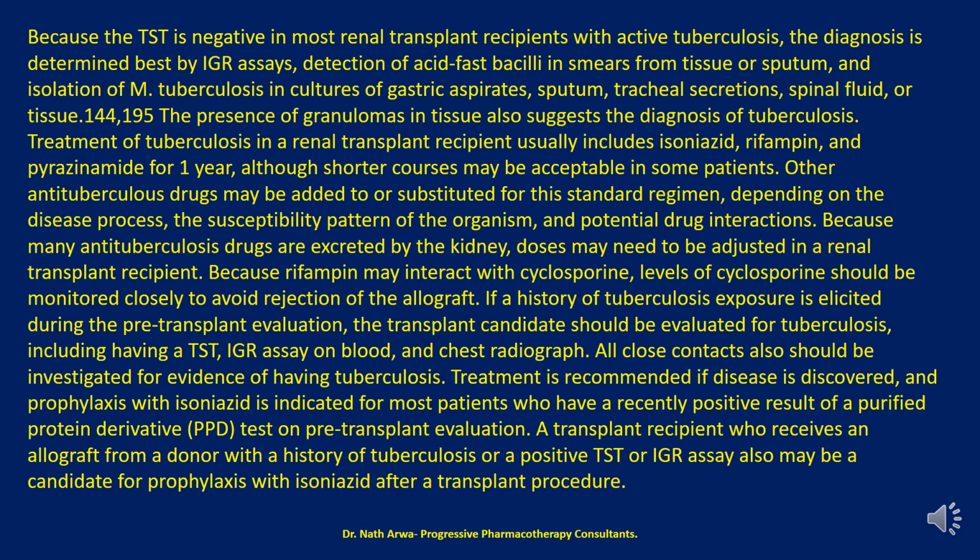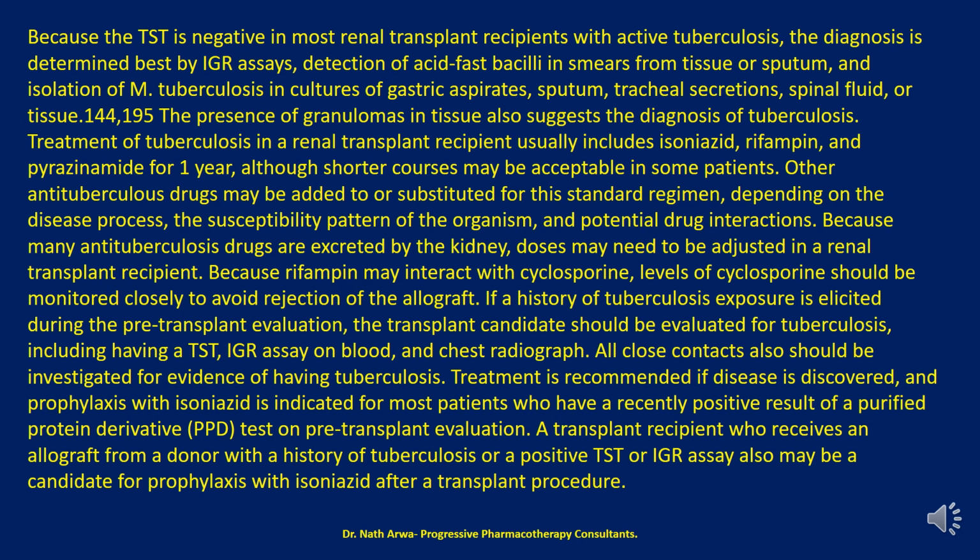If a history of tuberculosis exposure is elicited during the pre-transplant evaluation, the transplant candidate should be evaluated for tuberculosis, including having a TST, IGRA assay on blood and chest radiograph. All close contacts also should be investigated for evidence of having tuberculosis.